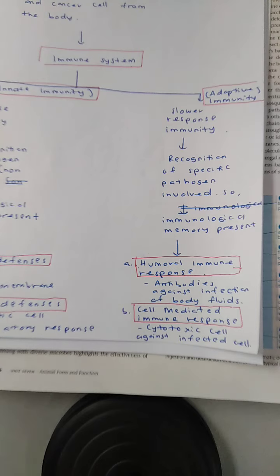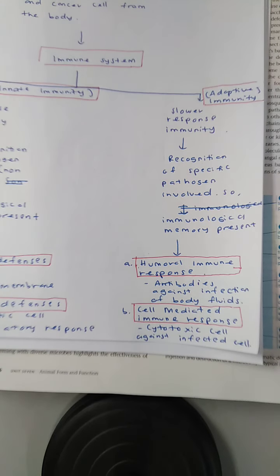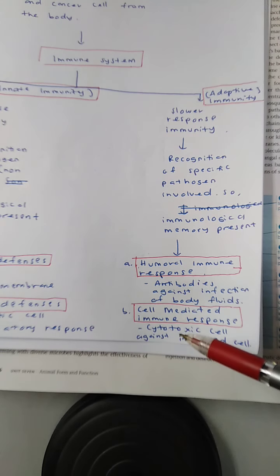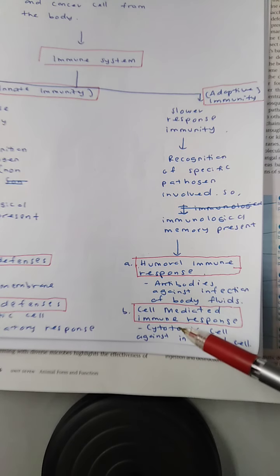Namun ada beberapa jangkitan infection of the pathogen berlaku dalam sel. Mana-mana jangkitan dalam sel, I like to discuss dalam sel. Ini body fluid. Sekarang kita bincang jangkitan dalam sel. Jangkitan dalam sel akan dihalang melalui respons yang kedua, dinamakan sebagai cell-mediated immune response. Cell-mediated immune response ini adalah immune response yang menghasilkan cytotoxic cell. Tadi kita bincang antibodies. Ini cytotoxic cell. Cytotoxic cell akan fight any infection melibatkan infected cell.